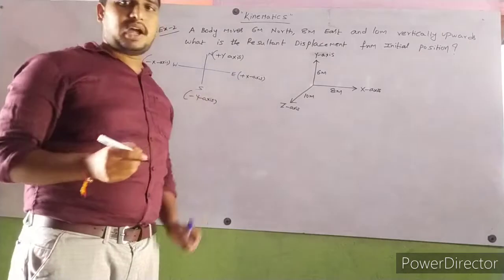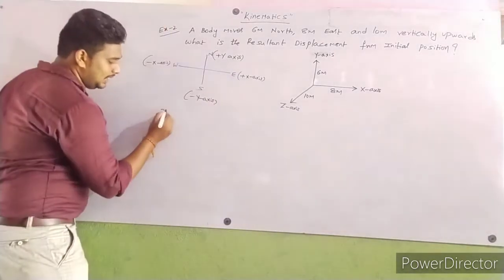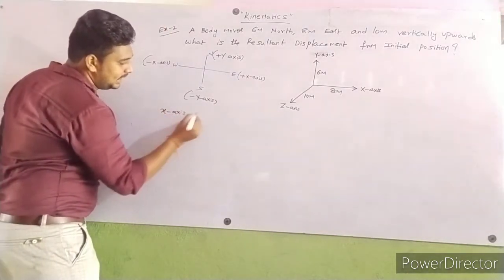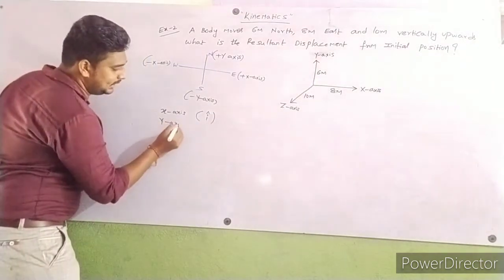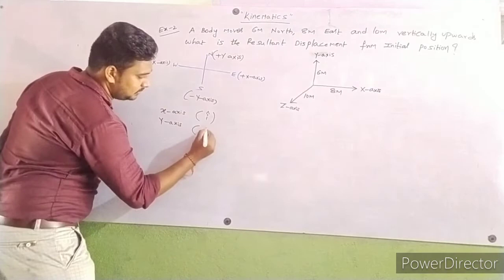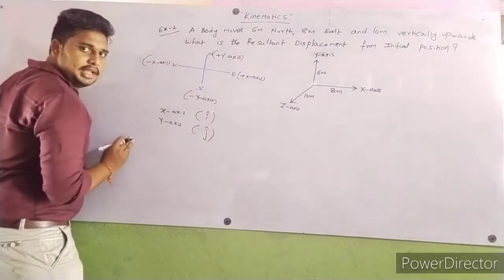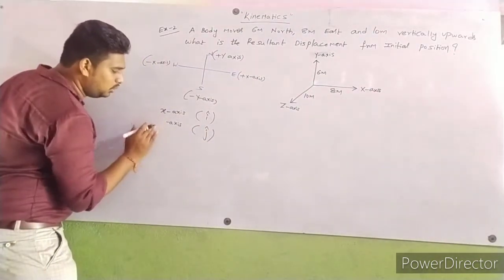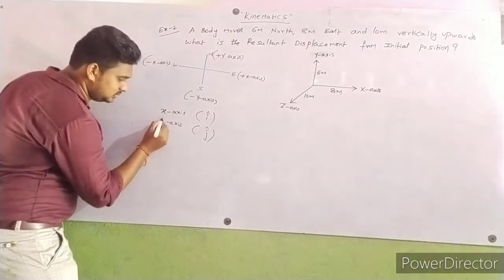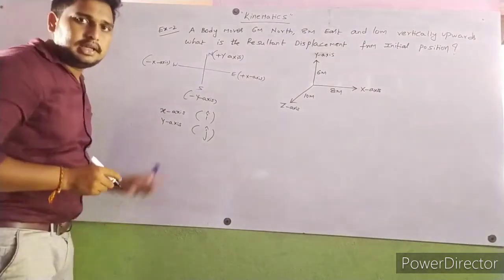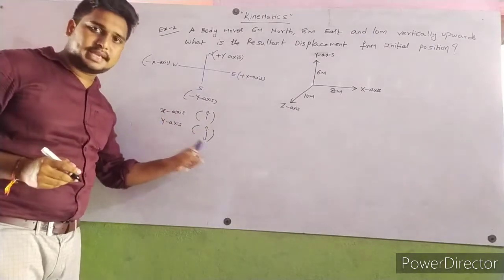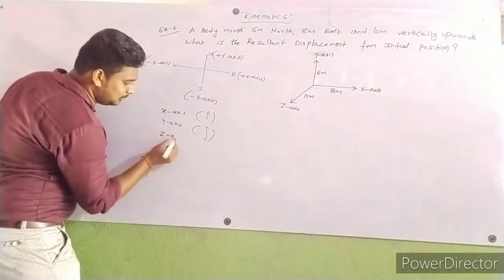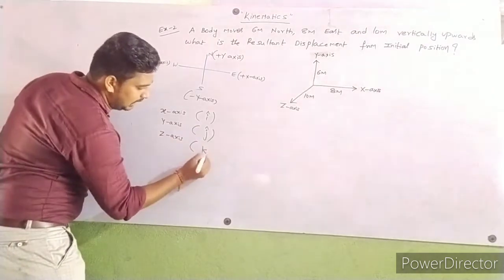From this we already know the x-axis is indicated with i cap, the y-axis is indicated with j cap or j bar, and if we have to represent any vector, the x-axis is represented as i cap, the y-axis as j cap, and the z-axis as k cap.